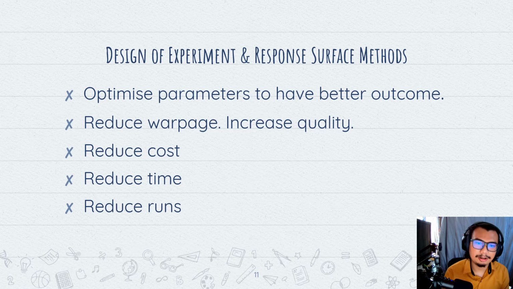These two methods are needed to optimize the parameters to have a better outcome, which in this case is to reduce warpage and increase the quality of the product. This can also reduce time and cost, because fewer runs are needed for the injection molding simulation.